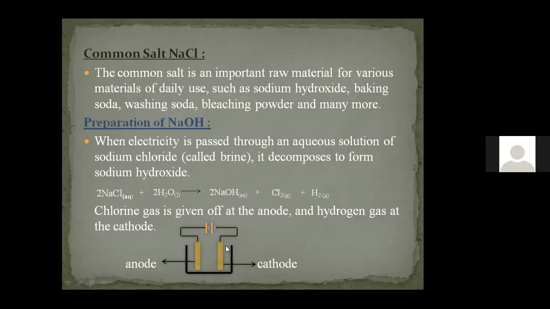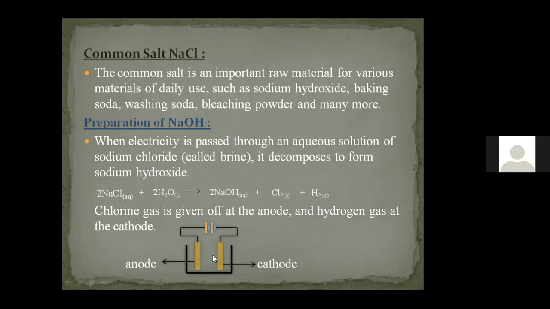In that electrolysis, we take a container in which two metal rods are dipped. One of the metal rods is connected to the positive terminal of the battery, and the other is connected to the negative terminal of the battery. The electrode connected to the positive terminal is called the anode, and the metal strip connected to the negative terminal is called the cathode.